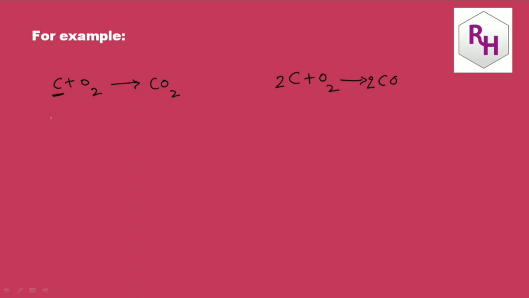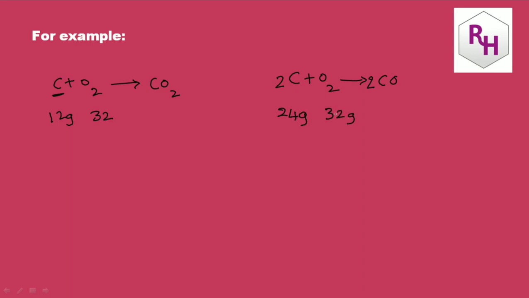See here, the mass of carbon is 12 gram. The mass of oxygen is 32 gram, because 16 is the atomic mass. Here, 12 gram reacts with 32 gram.